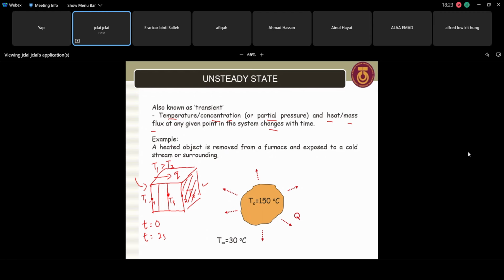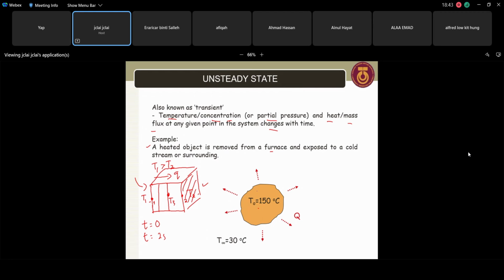A typical example is, let's consider a heated object removed from a furnace. Let's say this is the object. It is removed from a furnace, then exposed to a cold stream or surrounding.